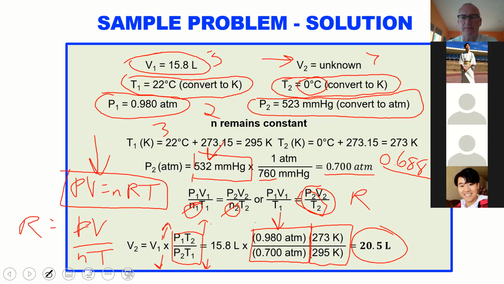I would have probably rounded this to 2 significant digits based on the temperature. When I give you a problem like this, I'll give you at least 2 significant digits. So then you would round this final answer to like 21 liters or whatever it is.